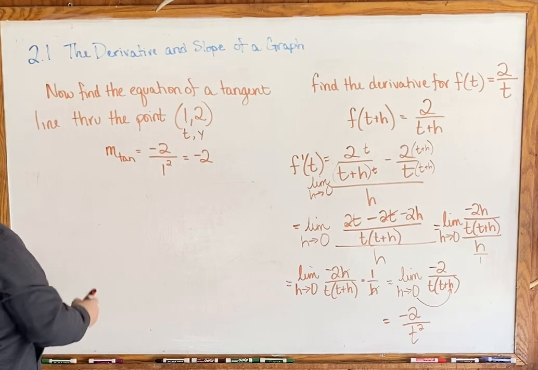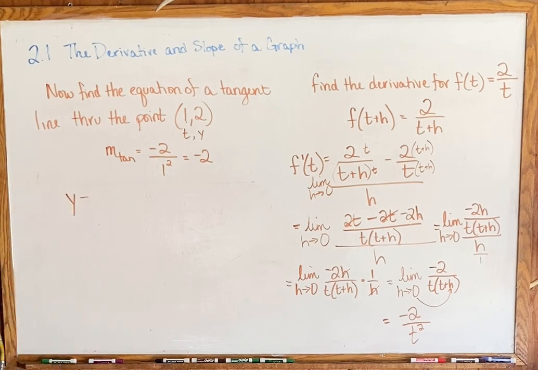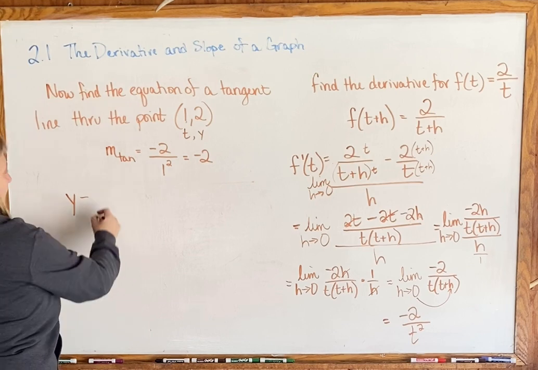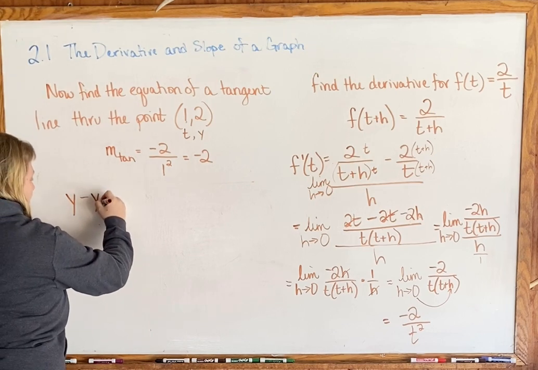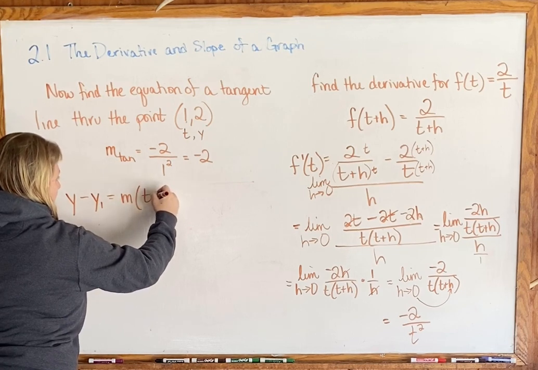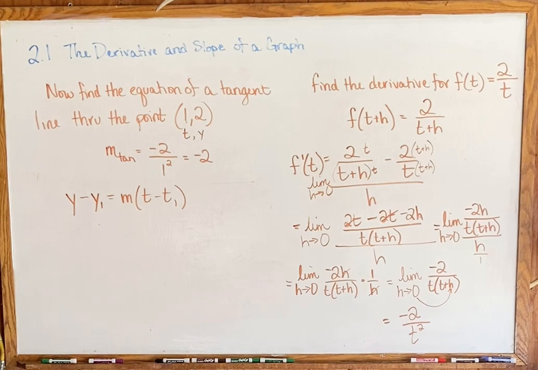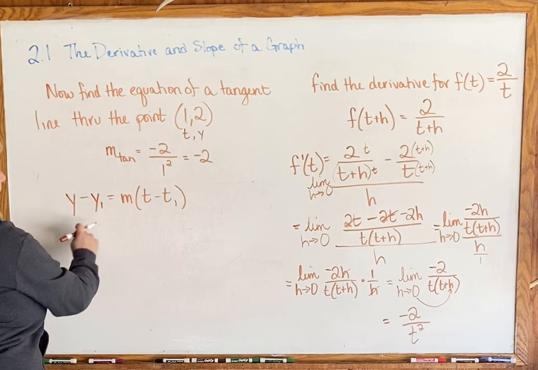Okay. So then we're going to go to our equation, the y minus y sub 1 equals m times, in this case, t minus t sub 1. I'll write it out here for us. Okay, so instead of the x and y, we've got t's in there, but that's okay, we can deal with that. So we're going to plug in our y.